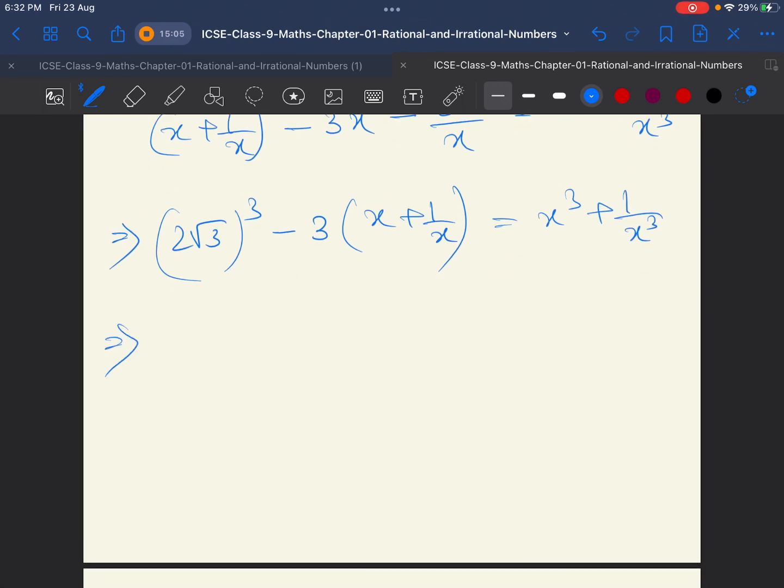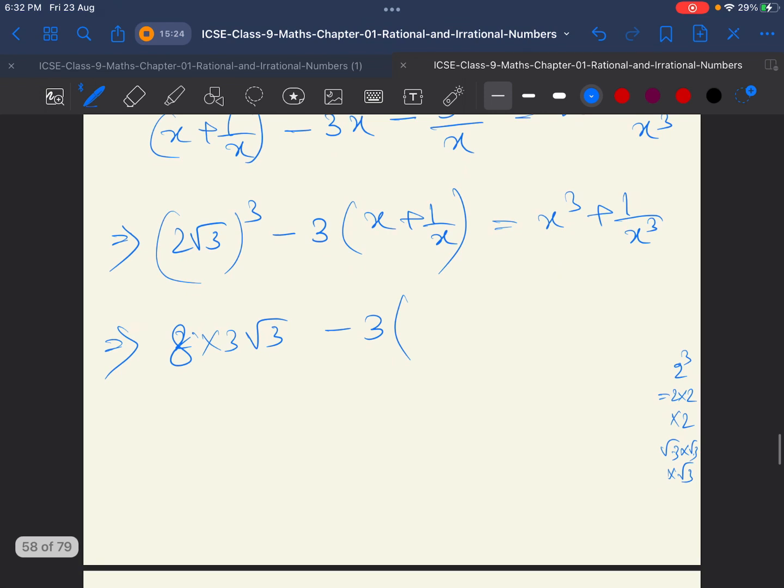Okay, so 2 root 3 whole cube means 2 cube, 2 into 2 into 2, so this is 8. And root 3 cube, root 3 into root 3 into root 3, so root 3 into root 3 is 3, into root 3, minus 3 into x plus 1 by x, we know 2 root 3, equals x cube plus 1 by x cube.